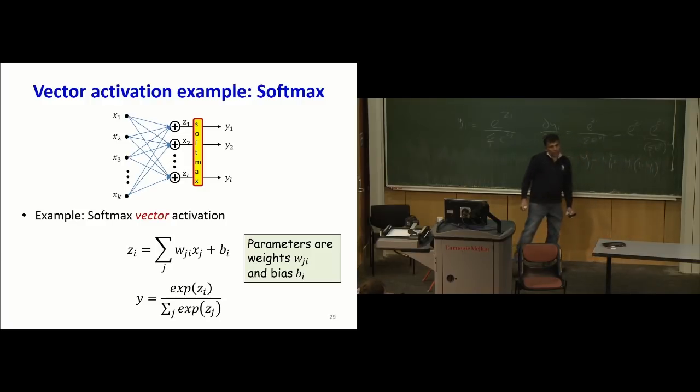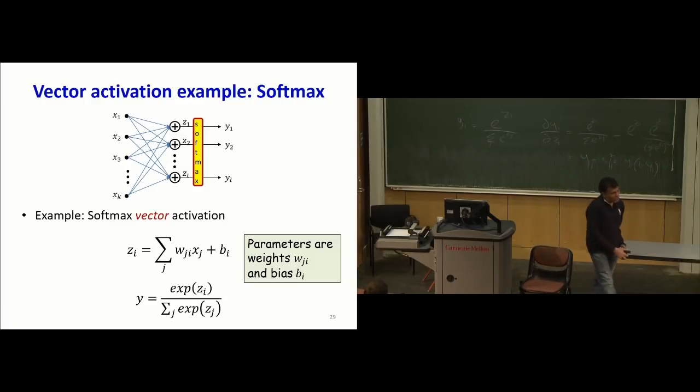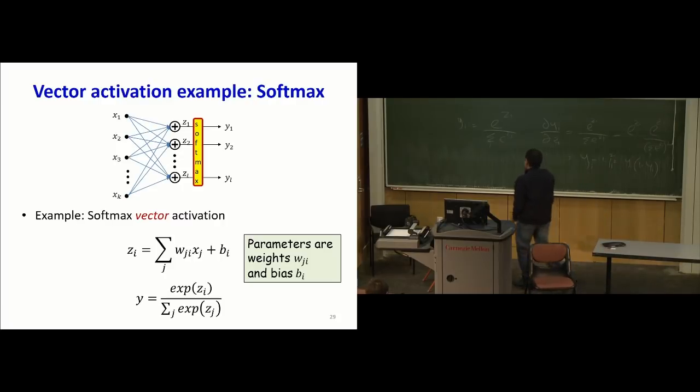I assume all of you see where this equation has been derived from. I can change z2, and I can compute how y2 changes. But I can also compute the derivative of yi with respect to some zj, where j is not equal to i.